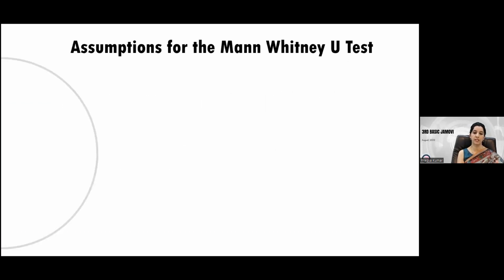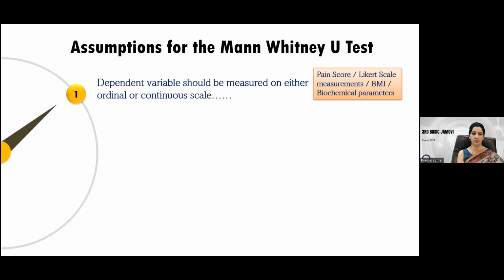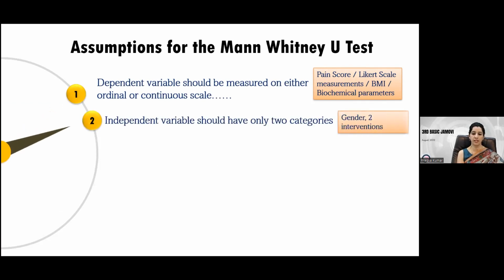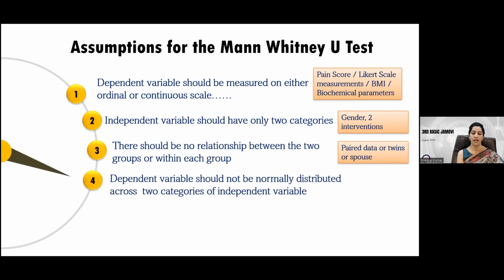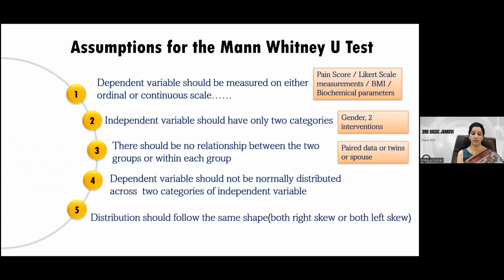So what is the appropriate statistical test? There are certain assumptions of the Mann-Whitney U test. The dependent variable should be measured on either an ordinal or a continuous scale. The independent variable should have only two categories, and there should be no relationship between the groups. That's the same as before, and the variable should not be normally distributed.